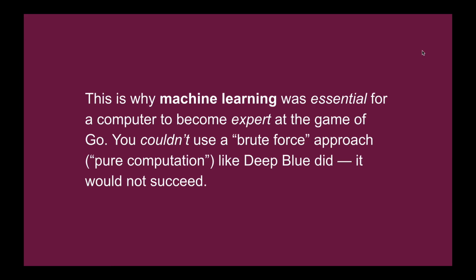So these reasons show us why machine learning was essential for a computer to play Go well. You could not use a brute force approach like Deep Blue used for chess. You could not use brute force to play Go. You would just never win a game. Your program would be bad.